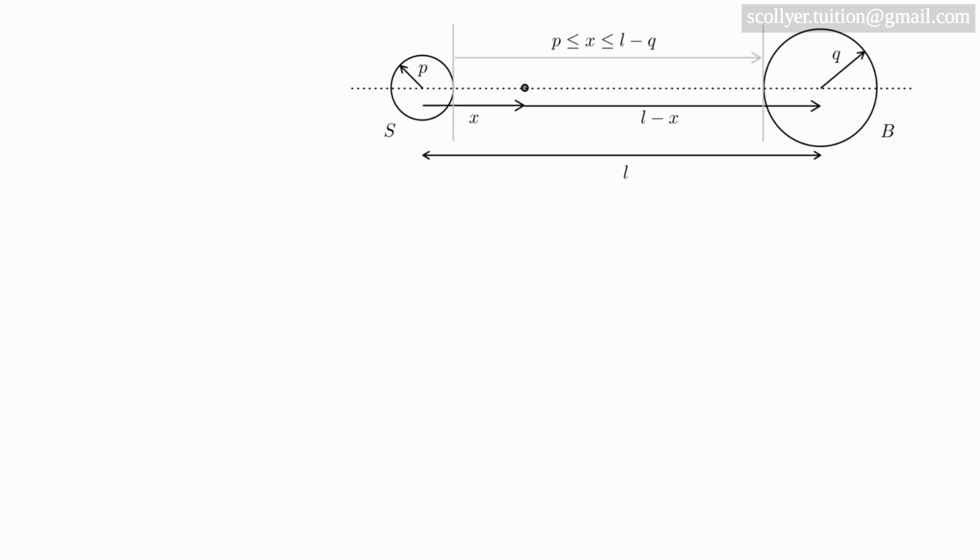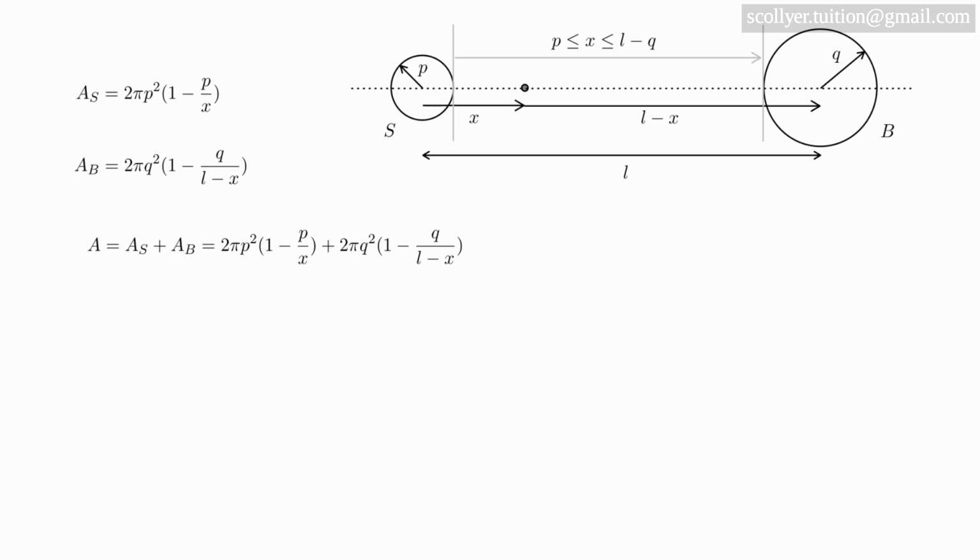And so using the formula for the area of a spherical cap, we have that AS is this quantity, and that AB is this quantity. So that A, which is AS plus AB, becomes 2 pi p squared plus 2 pi q squared plus 2 pi into q cubed over x minus L minus p cubed over x.